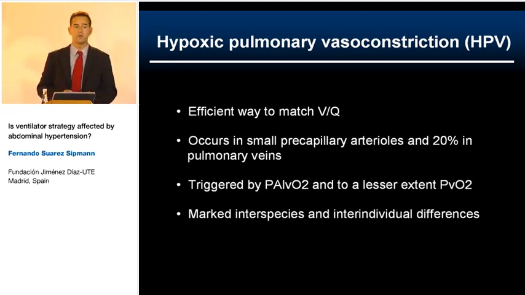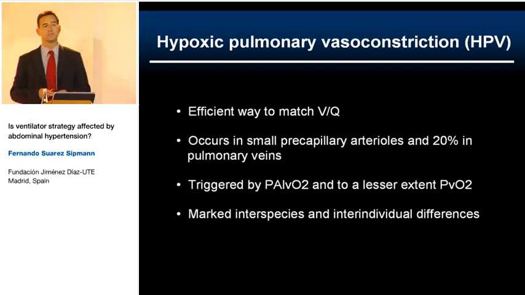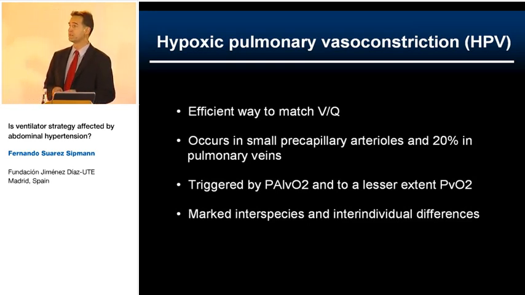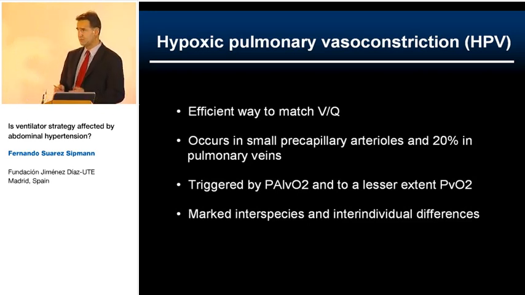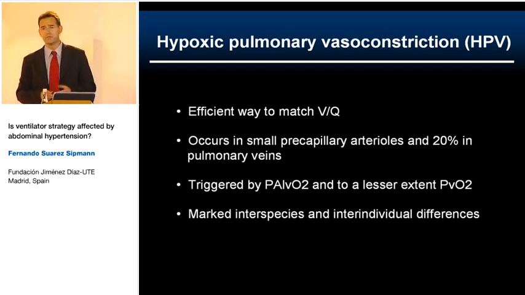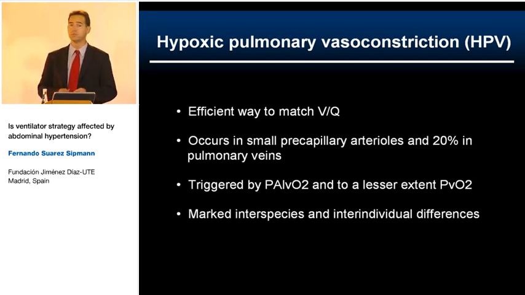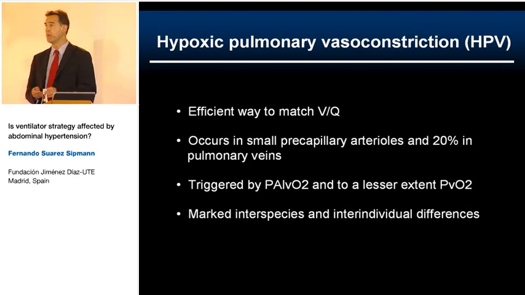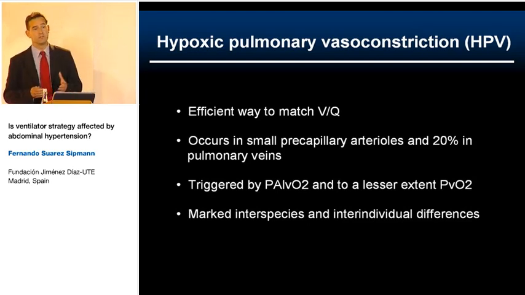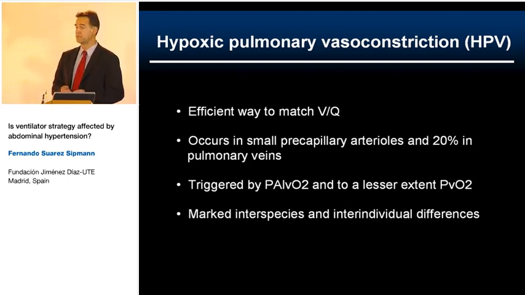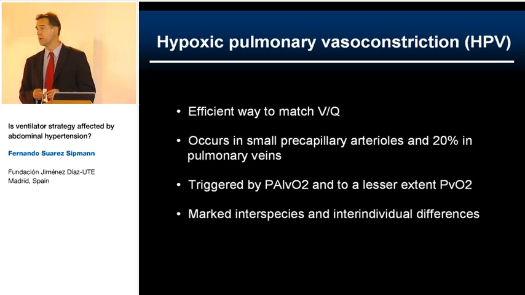Another important feature of the pulmonary vasculature is the hypoxic pulmonary vasoconstriction reflex. It's a very efficient reflex to maintain ventilation perfusion matching. It occurs in precapillary arterioles, but also 20% of the hypoxic response occurs in the pulmonary veins. It is triggered mainly by the alveolar content of oxygen, but also, to a lesser extent, by the venous PO2.